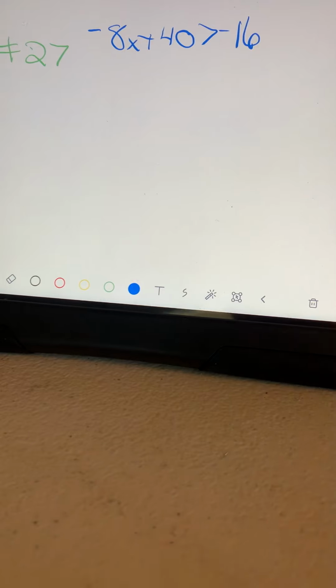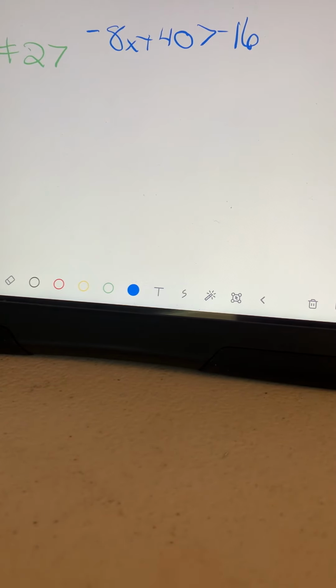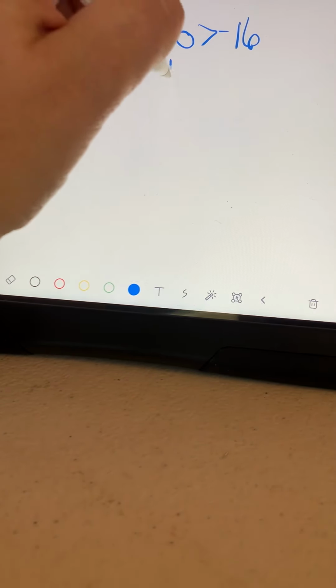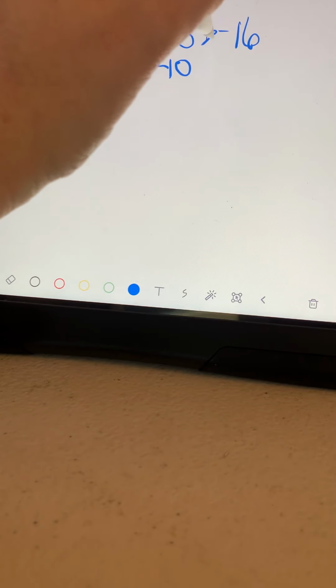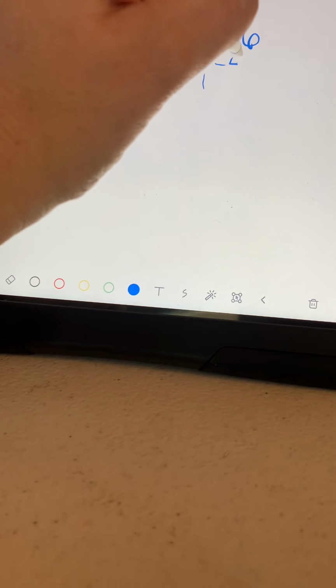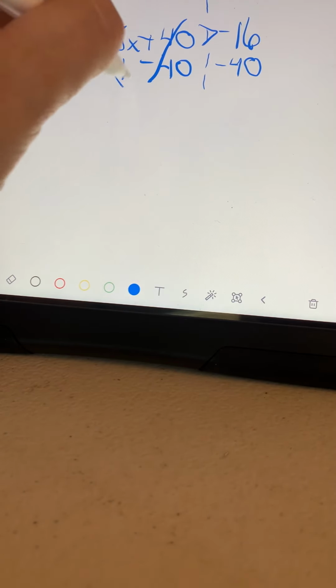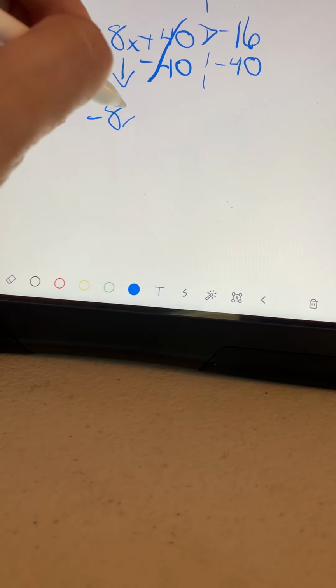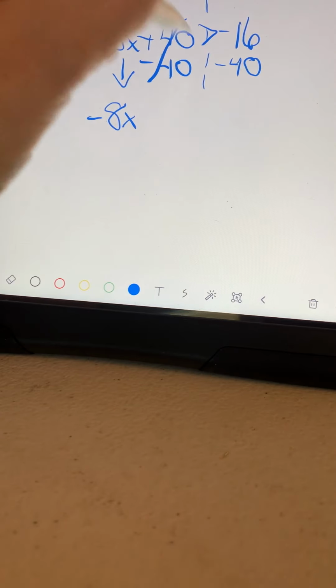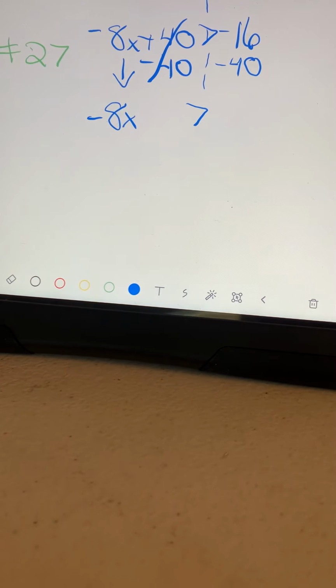So the first thing I want to do is get everything away from my x. So I'm going to do the opposite of adding 40, which is subtracting 40. But I have to do it on both sides, remember? Okay, so this cancels. I'm going to bring down negative 8x greater than.